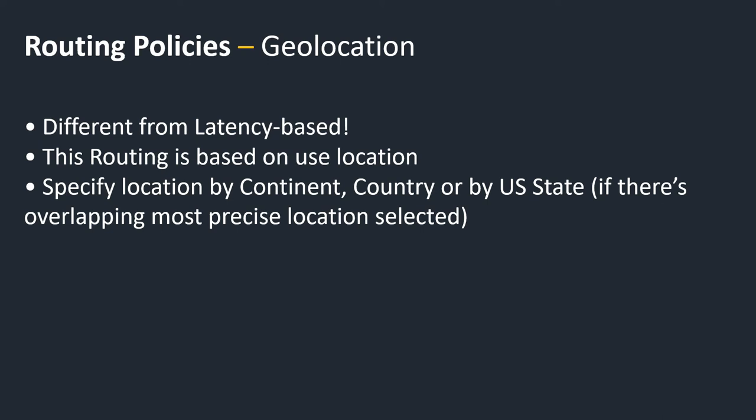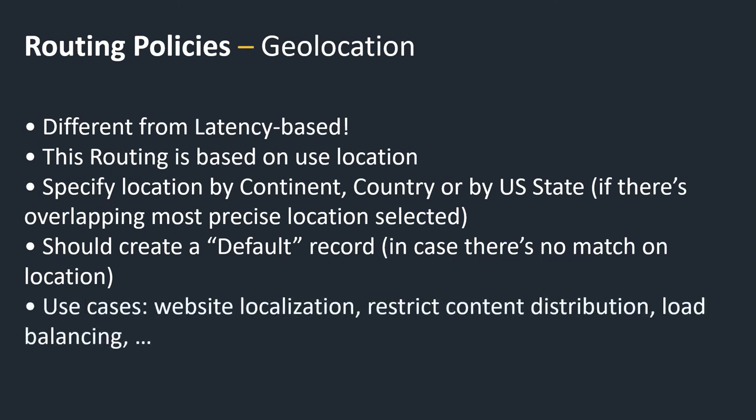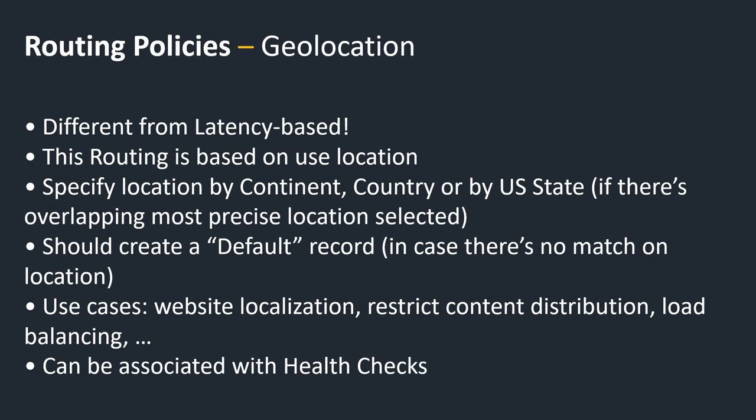You should also create a default record in case there is no match on location. The use cases for this are website localization, restricting content distribution, load balancing, and so on. And this type of record can be associated with health checks.